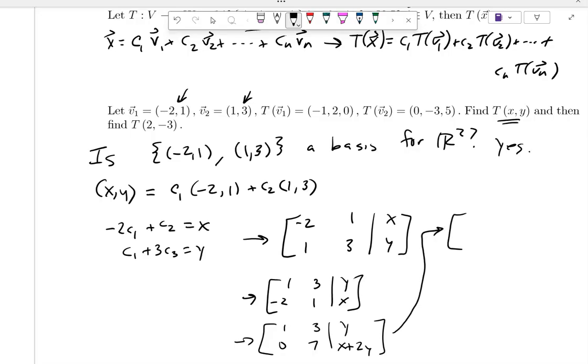Next thing we need to do is a 1 where the 7 is. So I'll have to divide everything by 7. So I'll get a 1/7 x and a 2/7 y. Last thing we need to do is multiply the second row by -3 and add up.